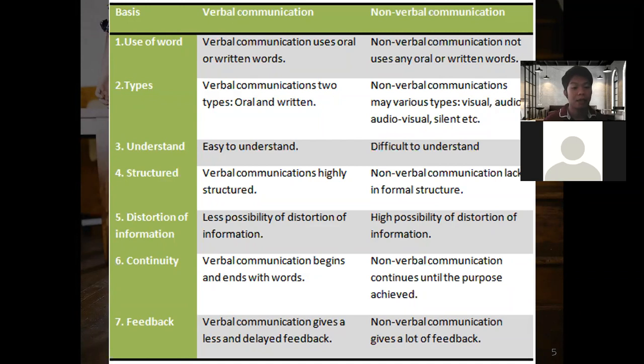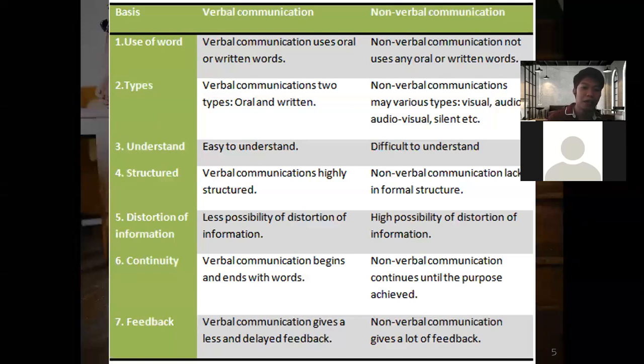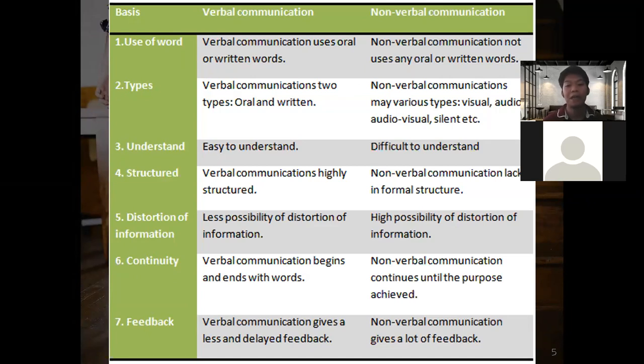So feedback. Verbal communication gives less and delayed feedback, but nonverbal communication gives a lot of feedback. It's because it's not easy to understand or decode the meaning of the nonverbal gestures.